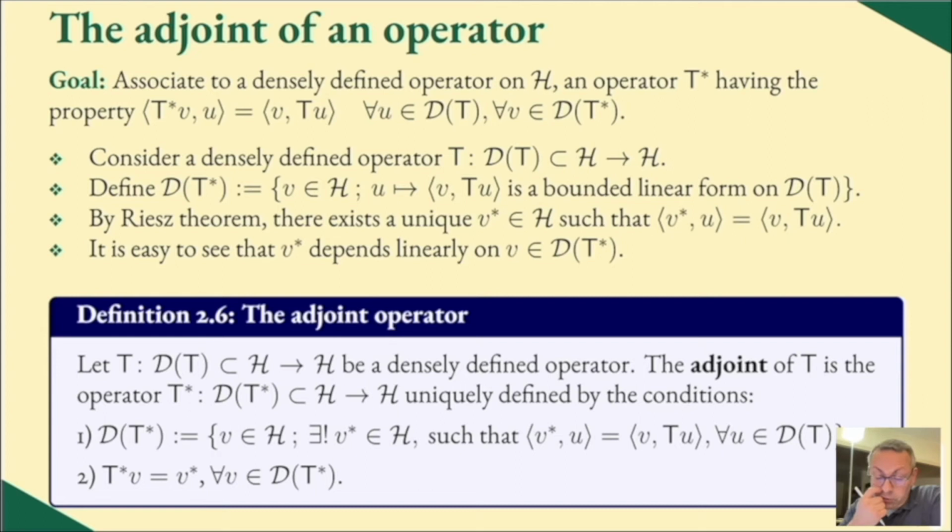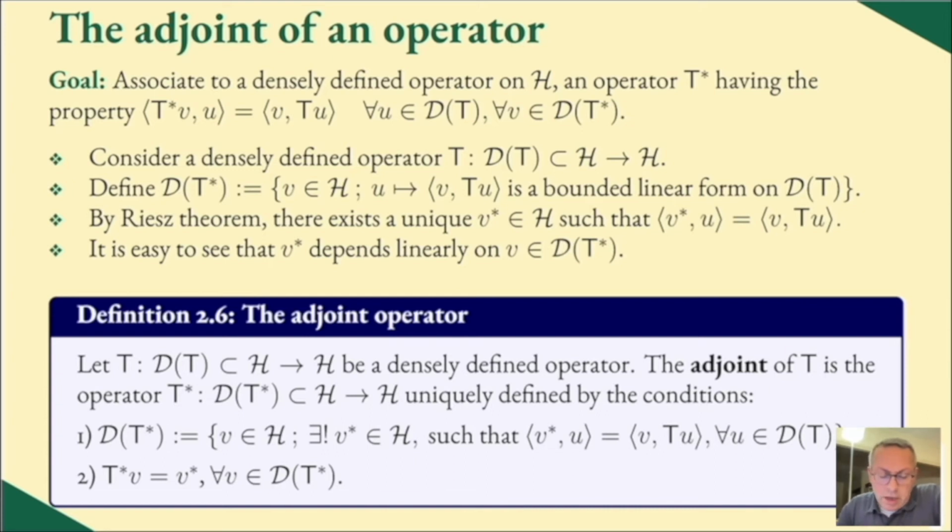And for a bounded operator defined on the whole of the Hilbert space, it's pretty easy. You don't have problems with the domains, and it's a direct application of Riesz's theorem we have seen before. Actually, Riesz's theorem will play a role here. So let's go through the details.